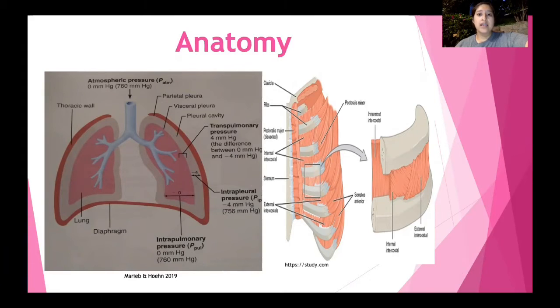And intrapleural pressure is the pressure within the pleural cavity. These three pressures are responsible for pulmonary ventilation. Atmospheric pressure is measured at 760 millimeters of mercury. It is at equilibrium with the intrapulmonary pressure, also at 760 millimeters of mercury.